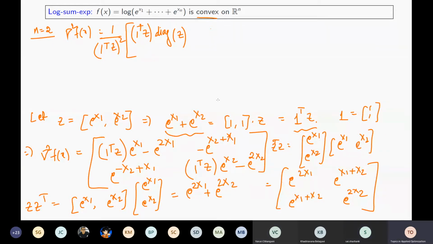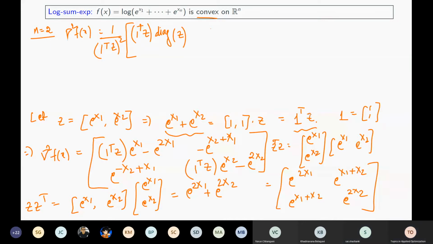Yes, sir, I agree, but you're considering 1 as a column vector, right? So 1 transpose will be a row vector, and z you assumed as a row vector. So you can't do multiplication between two row vectors.